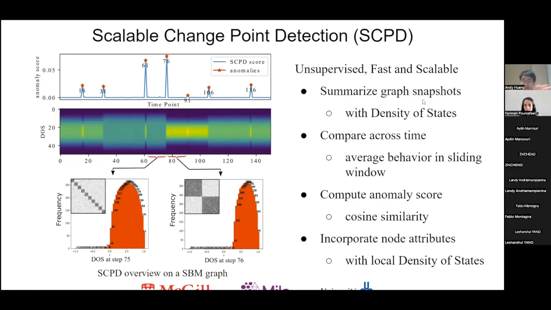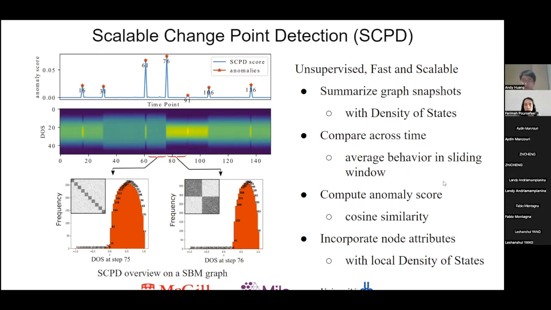Now with density of states, because you are discretizing it into multiple bins, the size of the embedding vector is just equal to the number of bins you have. That will be 20 or 50, independent of the graph size. So you can have a very large graph that is just summarized into a 50-dimensional vector.